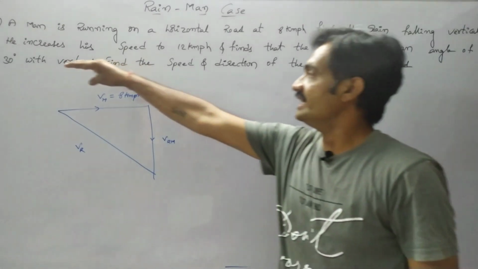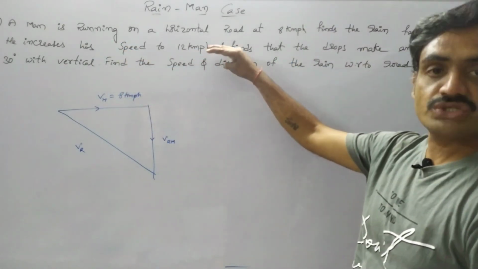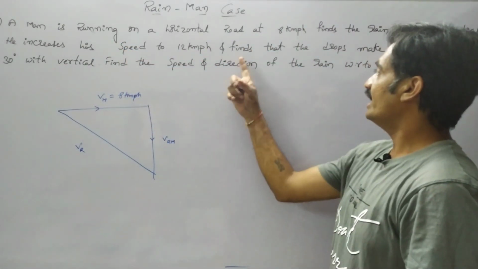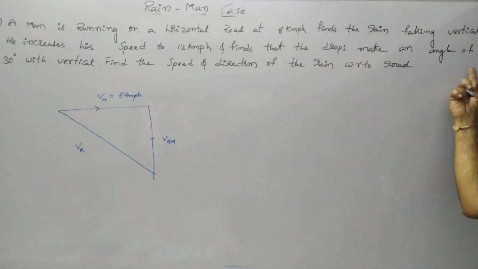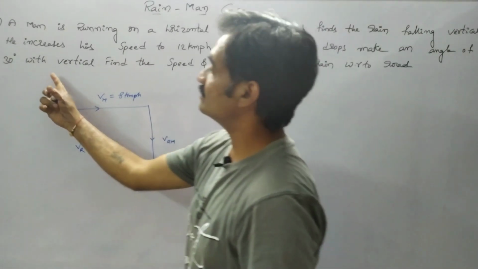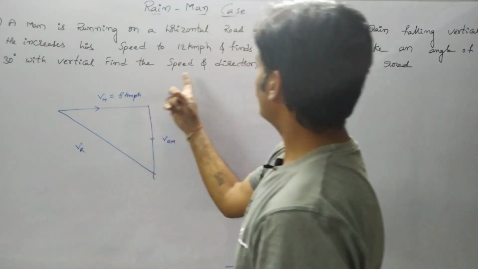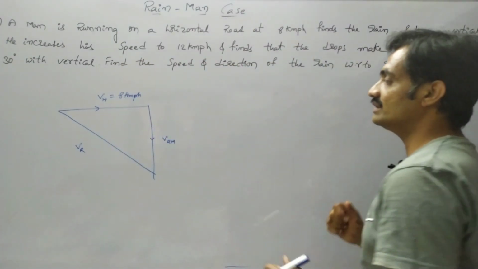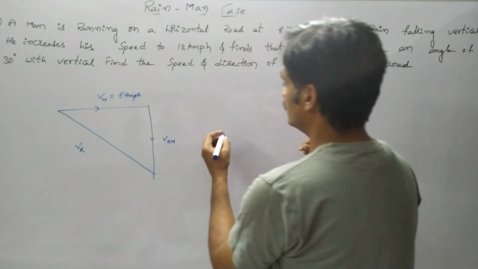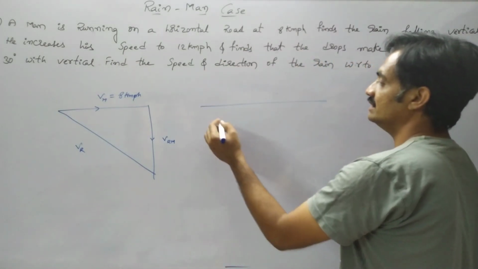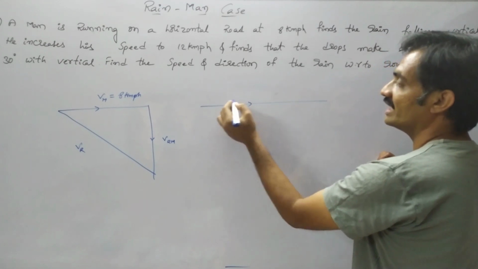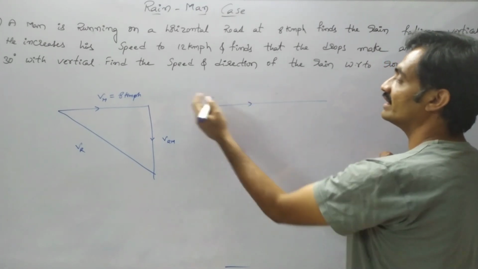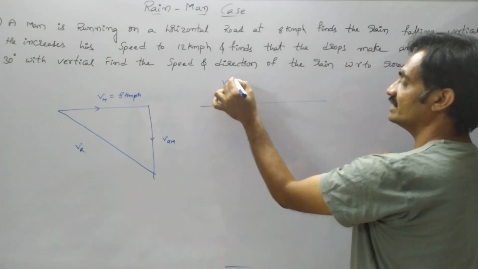Now if he increases his speed to 12 km/h and finds that the drops make an angle of 30 degrees with the vertical, we have to represent the speed and direction of the rain with respect to the ground. In order to represent this, we consider the velocity of the man, who is moving with a speed of 12 km/h.